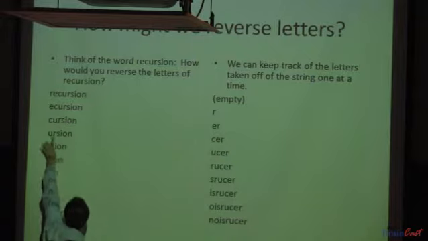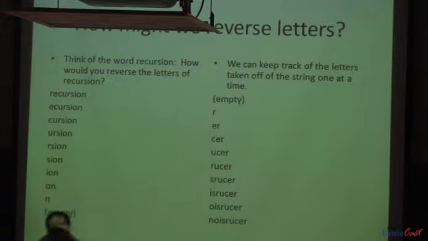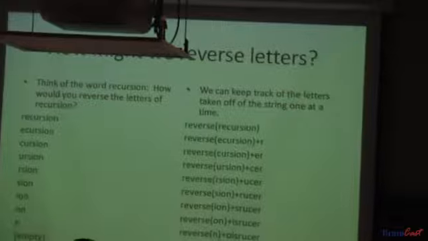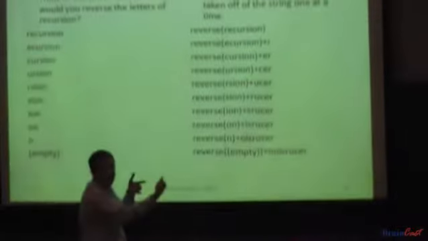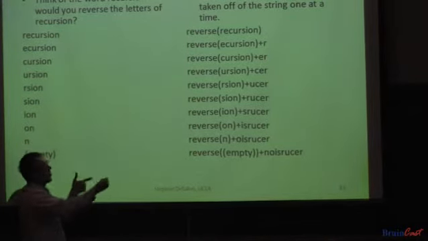Each time, I took the current first letter, and I left appended it to the letters on the other side. Or in other words, in order to call reverse on the word recursion, I took out the first letter R, and I did reverse on recursion, left appended to the letter R. That's the idea. Just look at that second line. Reverse of recursion plus R.